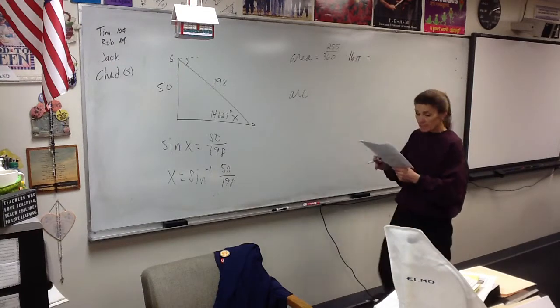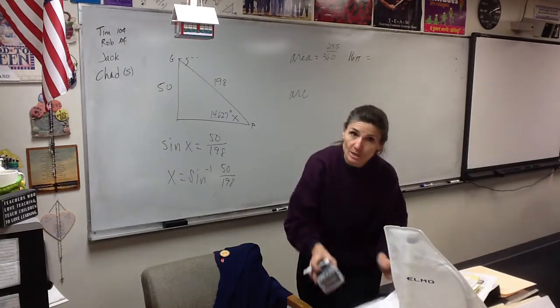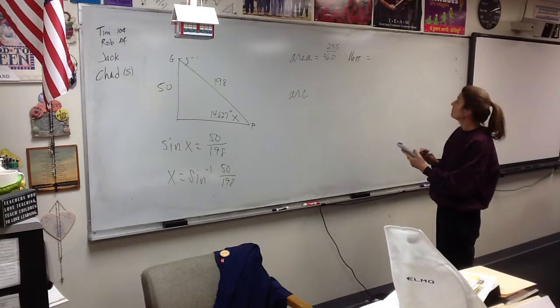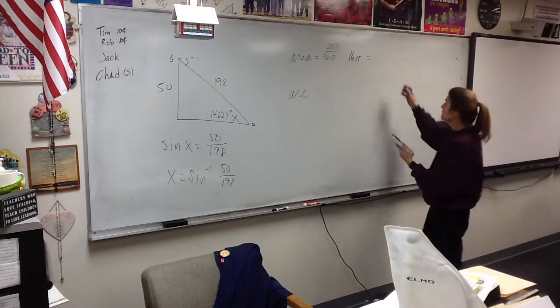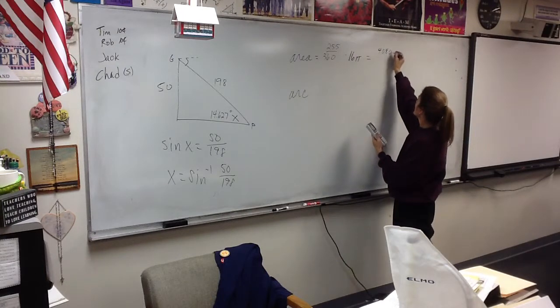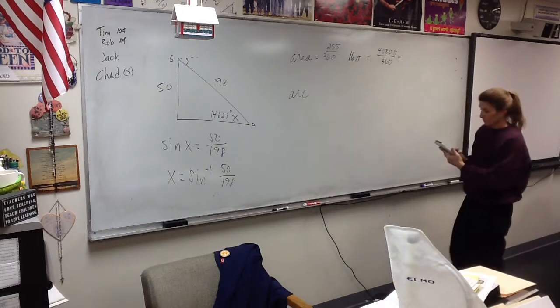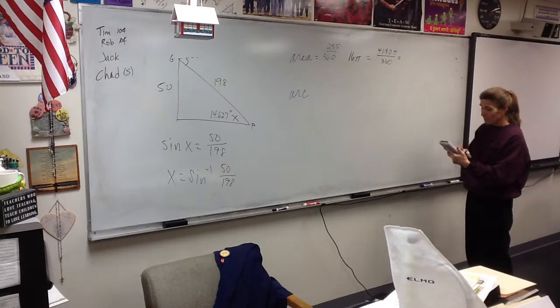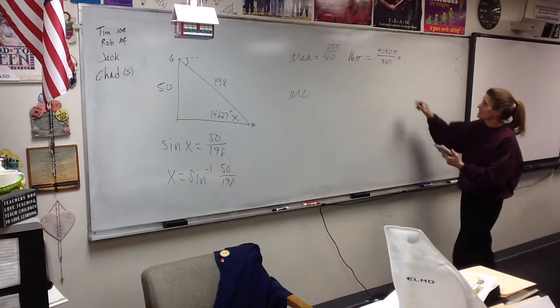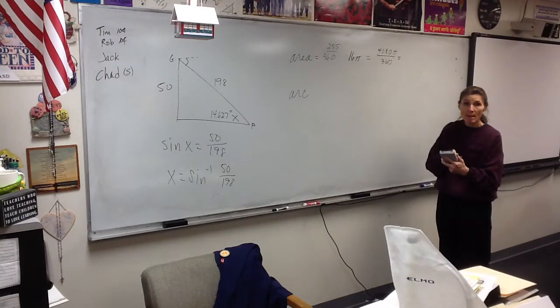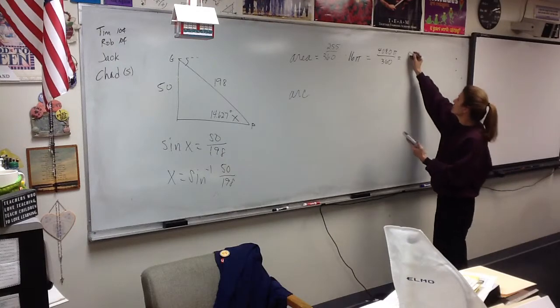Now, this is a calculator problem, so I'm going to feel free to use my calculator. That's 255 times 16, so it's 4080. If I divide 4080 by 360, and then hit math and choose the fraction option, it reduces it for me.